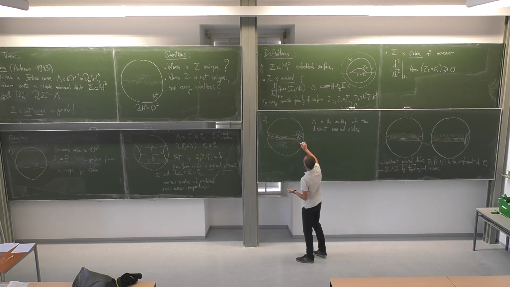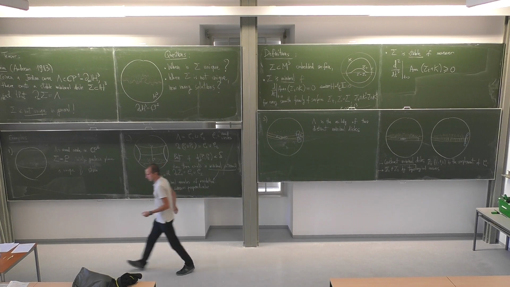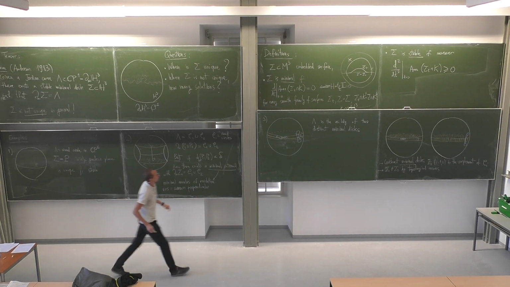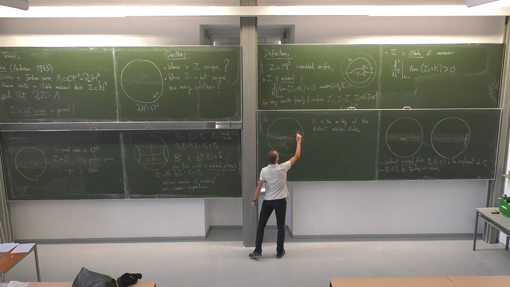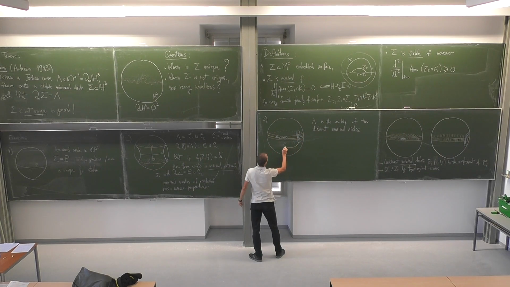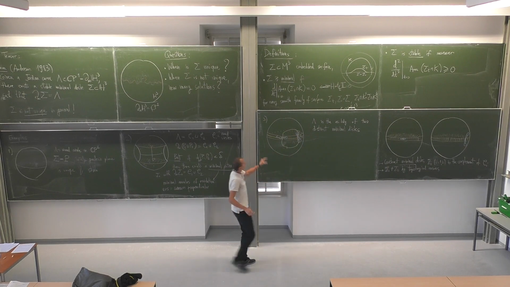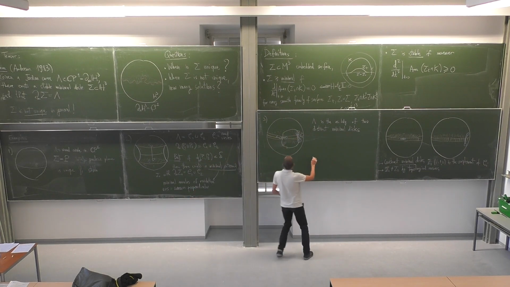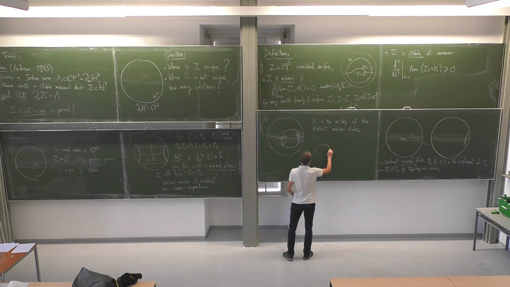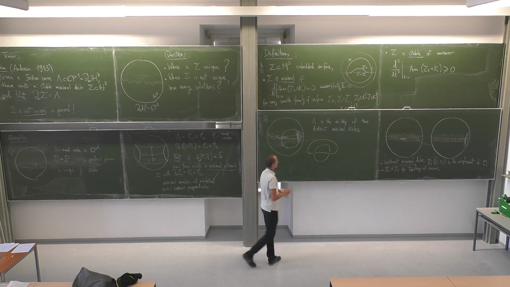And I can also draw another one, which is instead the core of this catenoid here, and then it goes like that. Okay? These two cores are linked. They look like that. These are linked.